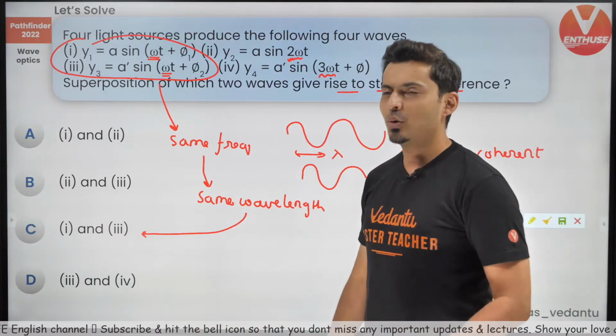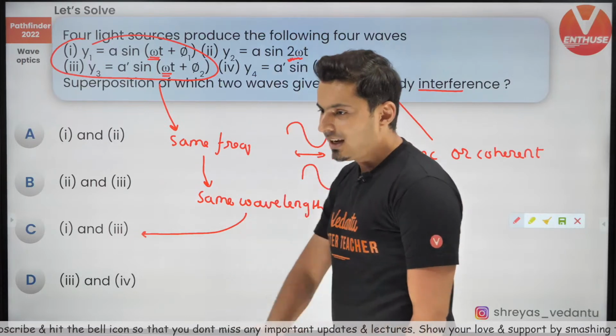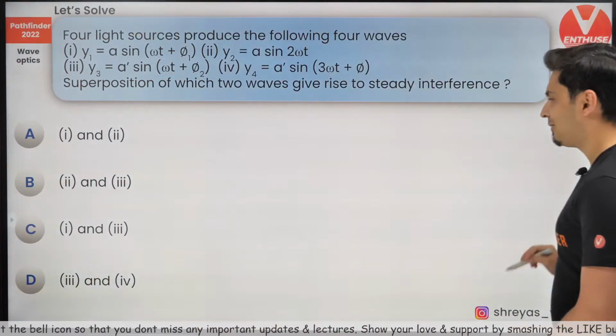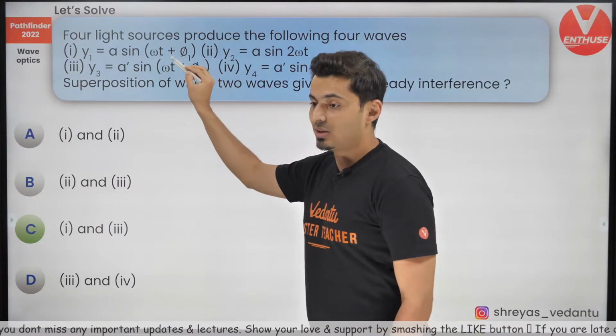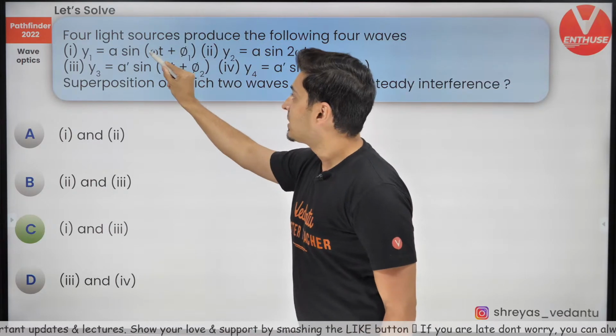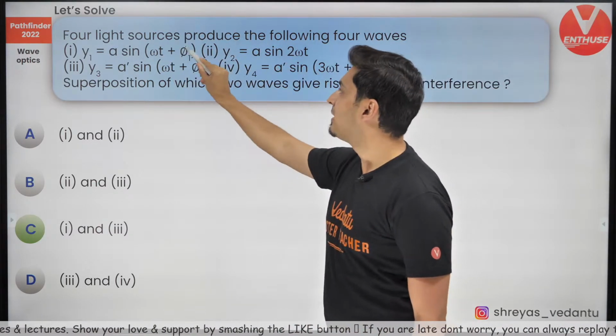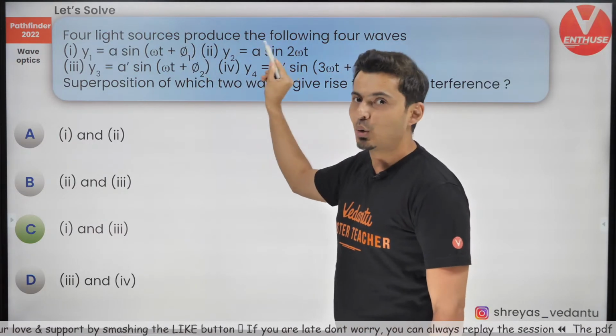Okay. Now those of you who do not know what interference is, that's going to be the next slide. Don't worry, Shivam, we are going to talk about interference in a bit. Yes, the correct answer is C because their omegas were the same. Imagine if this expression had 2 omega, then 2 omega and 2 omega will be in sync. These 2 waves will be coherent.